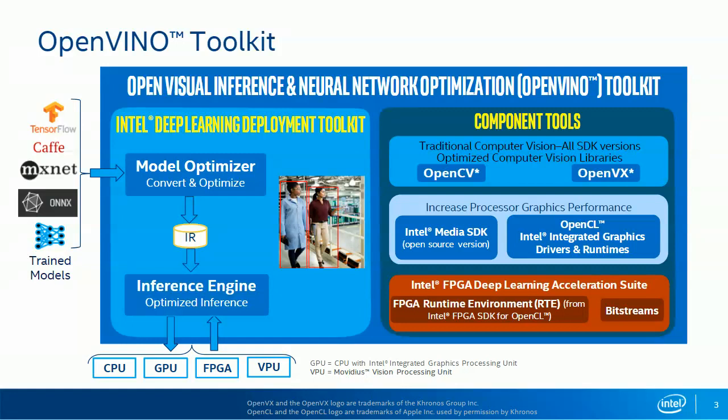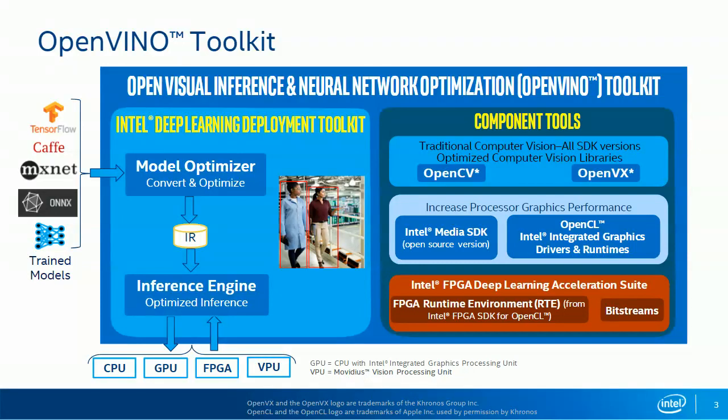While this training focuses on the Deep Learning Deployment Toolkit, part of the OpenVINO toolkit also contains support for OpenCV, an open source library providing common infrastructure for computer vision applications, and the OpenVX API, offering extension and support for heterogeneous execution across accelerators. We're going to focus on the deployment toolkit part of OpenVINO.